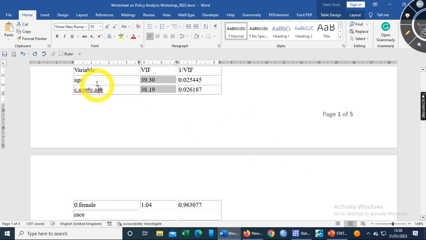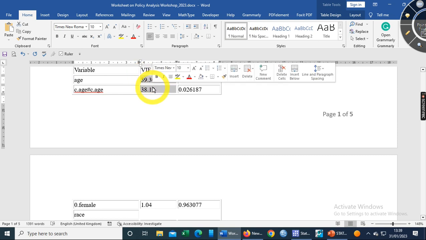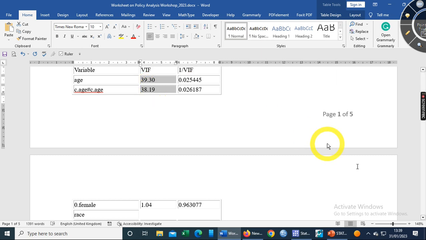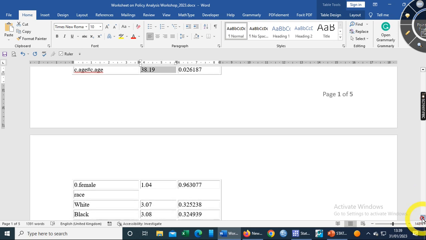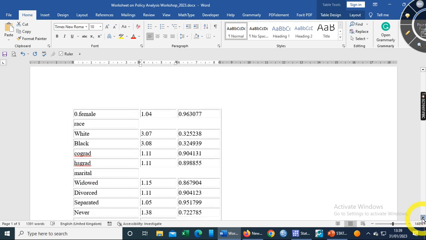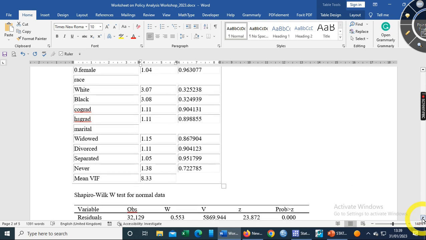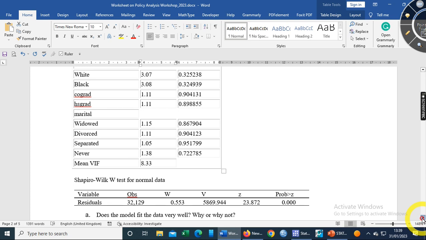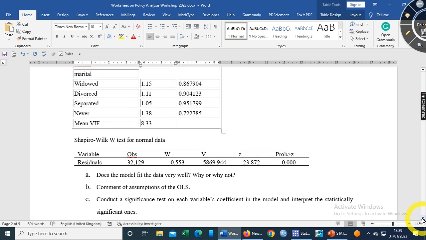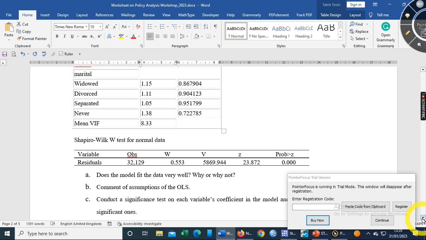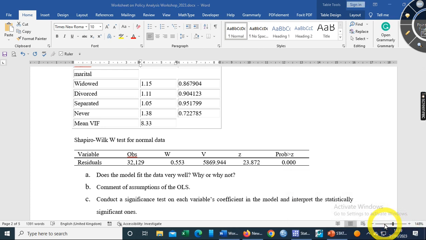Here, since age squared is generated from age, this is normally expected, even though it is not this serious. Other variables are okay, but age and age squared create a problem of multicollinearity.